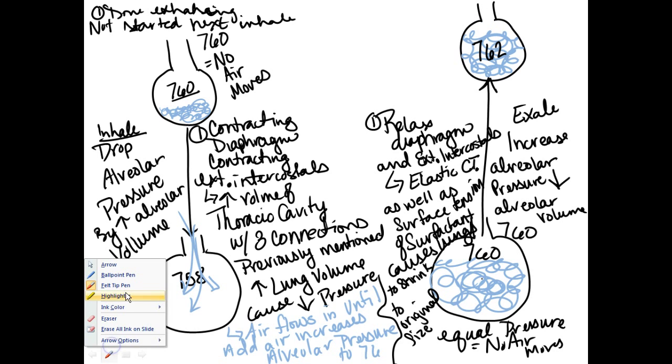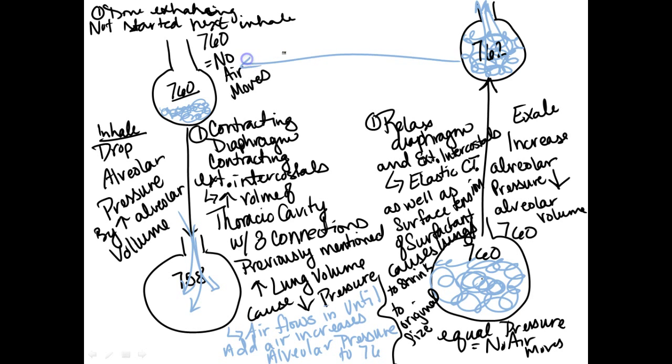So air is going to flow out. And this continues. So the air flows out until enough air is left to drop the pressure back to 760.